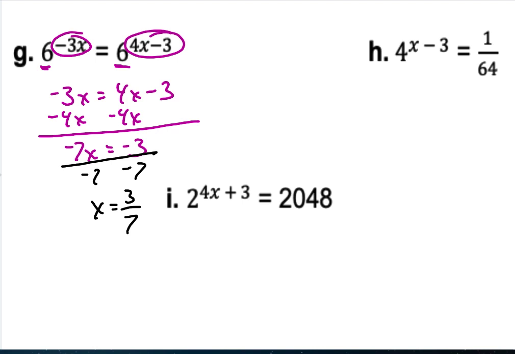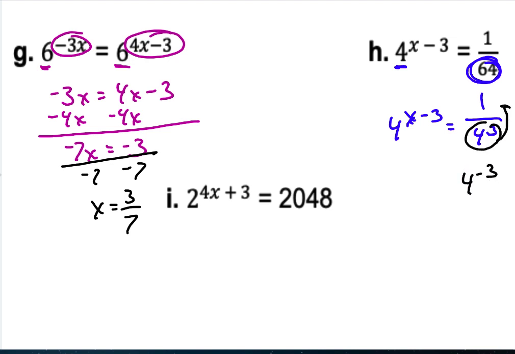All right, next one. So I've got a base of 4, so let's rewrite 64 to have a base of 4 to some power. So I get 4 to x minus 3. 64 is really 4 to the 3rd power, 4 times 4 times 4, which is otherwise known as 4 to the negative 3rd power when I move it up out of that denominator.